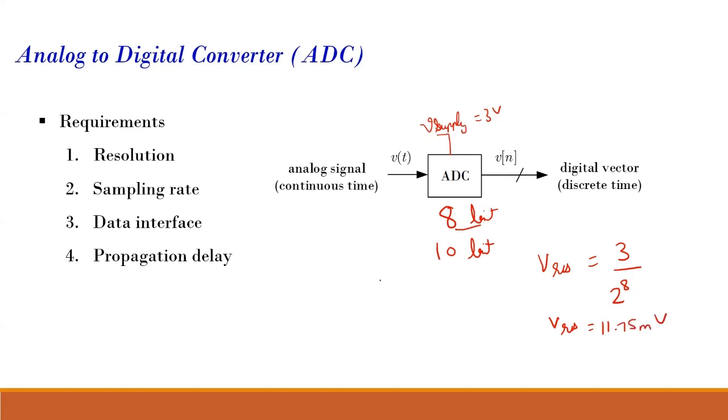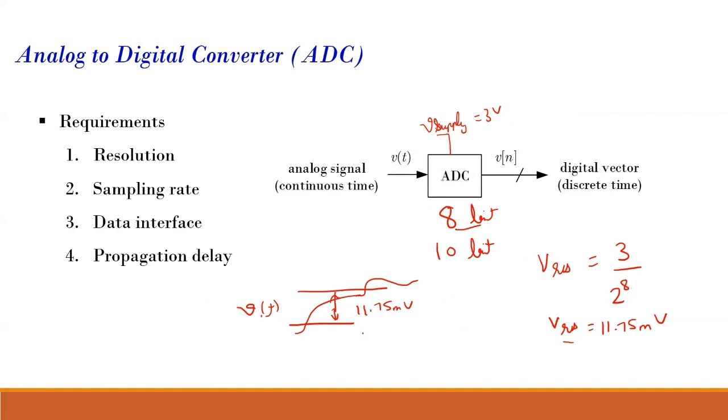So such a small change in voltage the ADC can detect. Suppose my voltage signal V of t was varying like this. Between this and this, if this gap is less than 11.75 millivolt, then the output will remain the same.